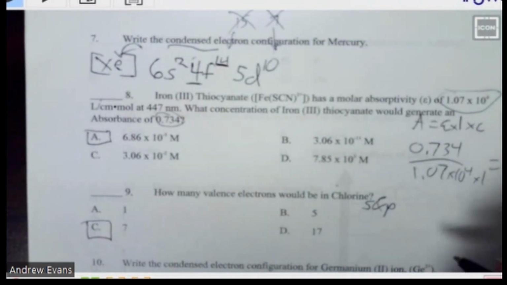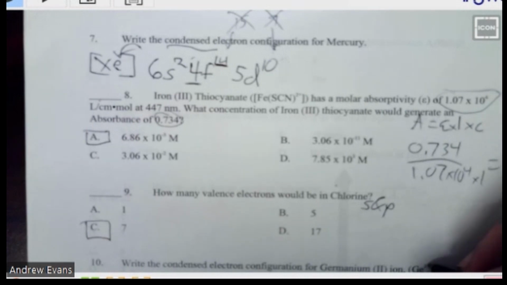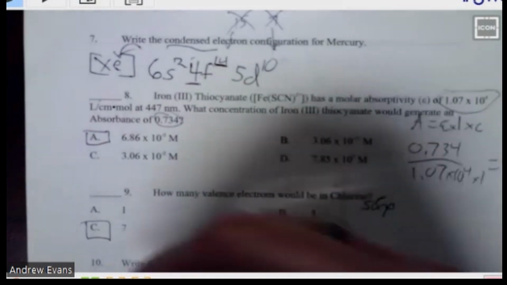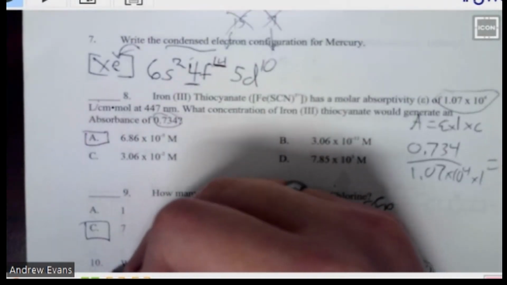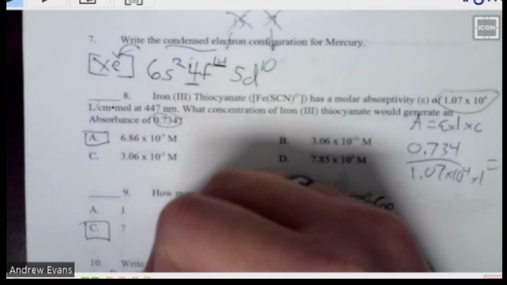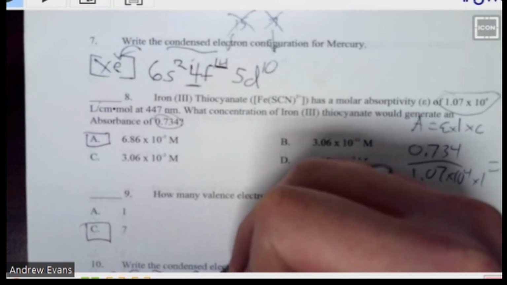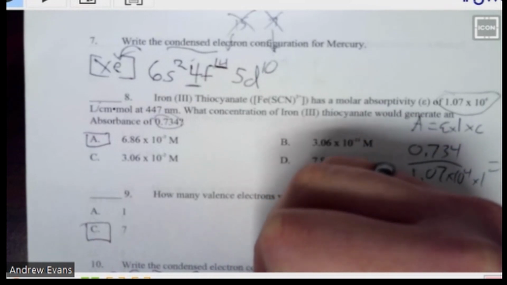Write the condensed electron configuration of the germanium 2 plus ion. Key here, germanium is in the 4th row. So neutral germanium would be argon 4s2 3d10 4p2.